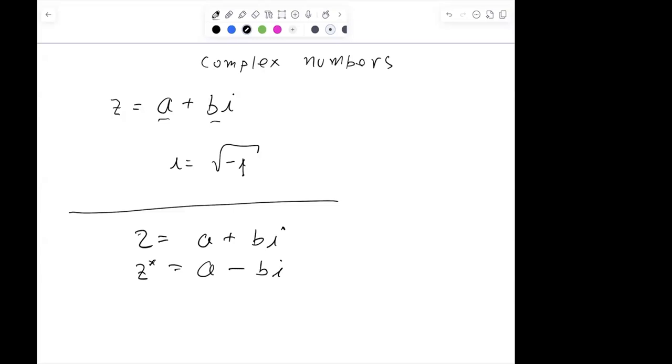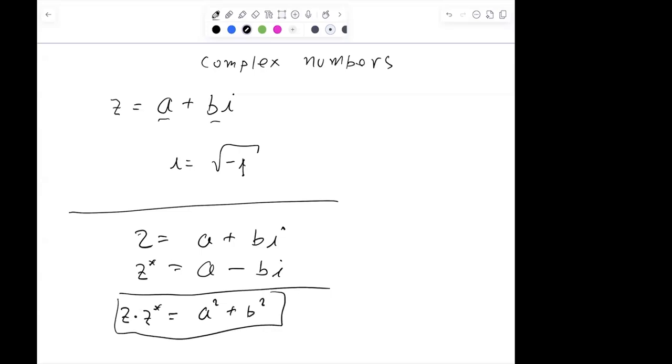And then Z times Z conjugate would be A squared, the Bi terms will cancel each other, plus B squared. So Z times its conjugate is a real number, equal to A squared plus B squared.